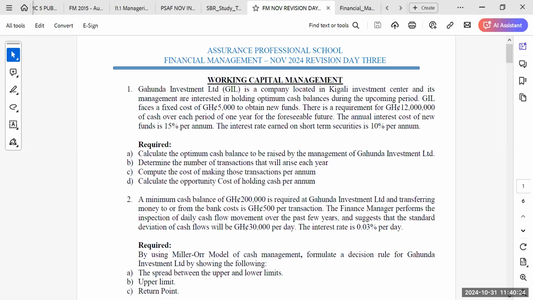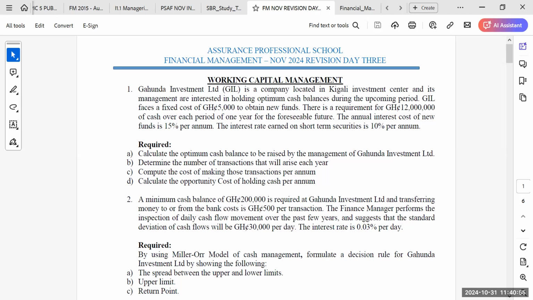The annual interest cost of new funds is 15%. So if we are going to be giving this amount of money to people, we are going to be getting 15%, or if we are going for this particular amount of money, we are going to be paying 15%.